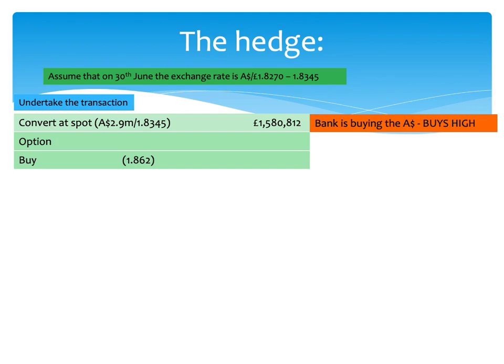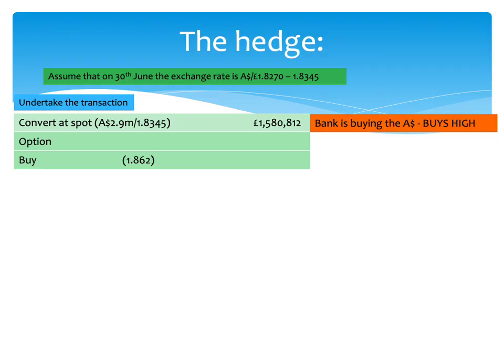In theory, they should change in value to the value of the exchange rate on a particular date. Now, in reality, they don't always because of market forces, but if we're not told otherwise, we're going to have to assume that they do that perfectly. So if you have a look at the spot rate that we used for the underlying transaction at the 30th of June, it was 1.8345.